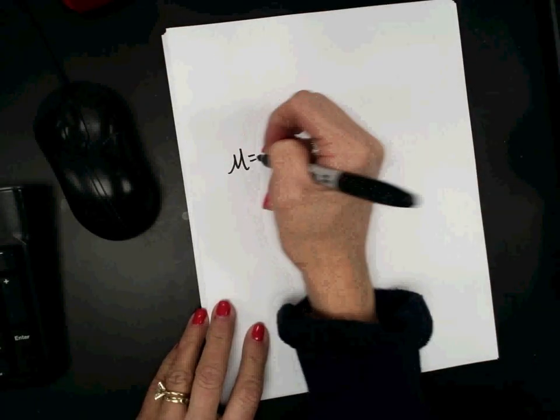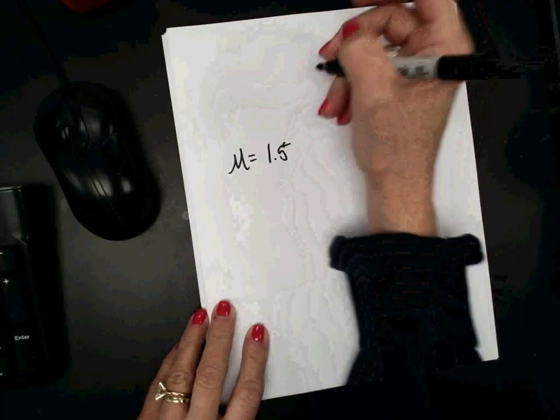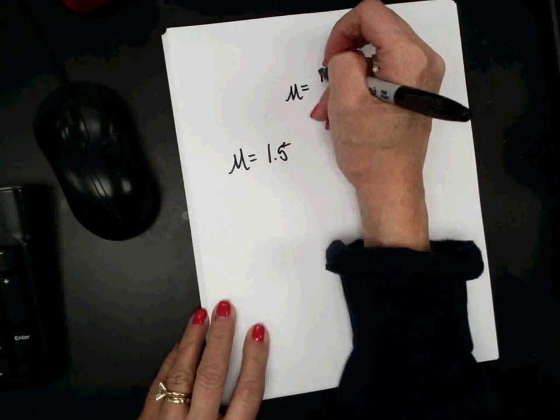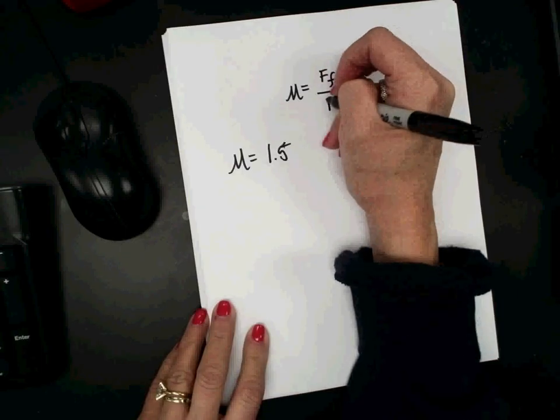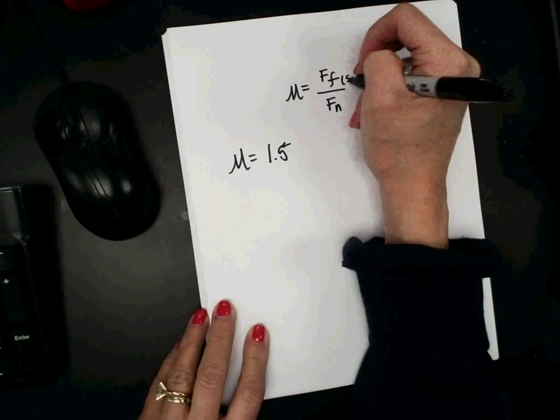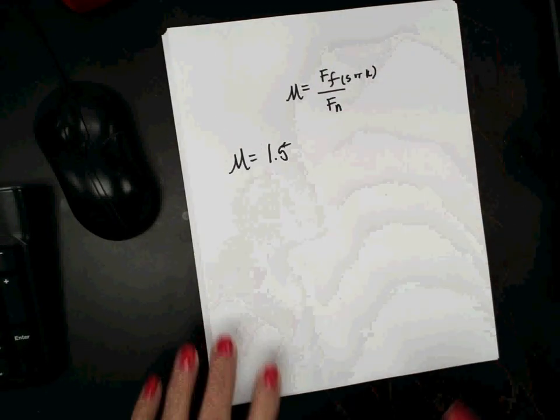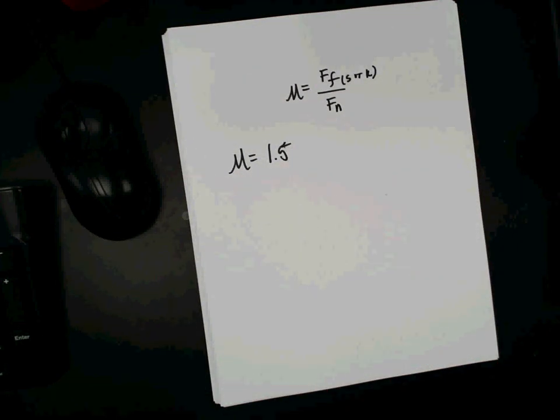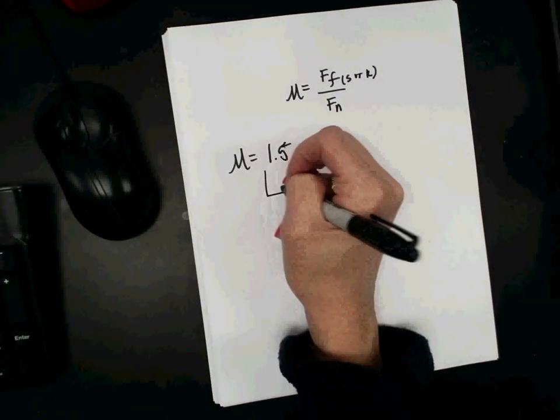Now let's look at another situation. Let's say mu equals 1.5. And remember, my formula is mu equals the frictional force over the normal force. Whether this is Fs or K doesn't matter. The formula is set up the same way.